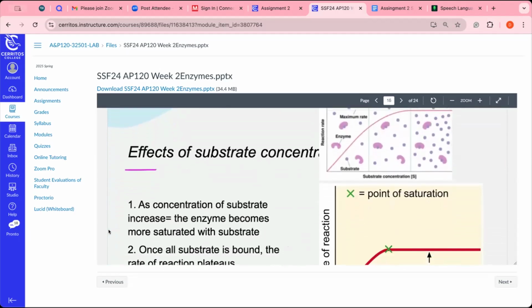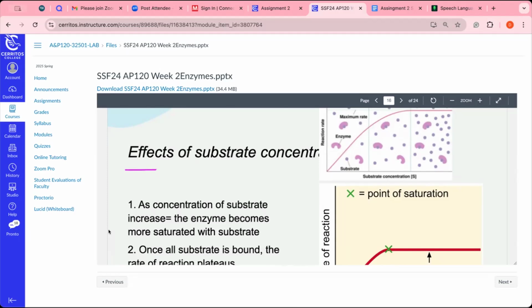Okay, so what about substrate concentration? Well, if you get a very concentrated substrate to start with, the enzyme becomes more saturated with substrate, which makes sense because if you have a whole lot of ingredients to start with, your enzyme that's going to speed up this reaction is going to become saturated with that.